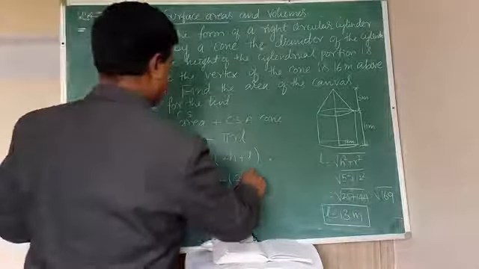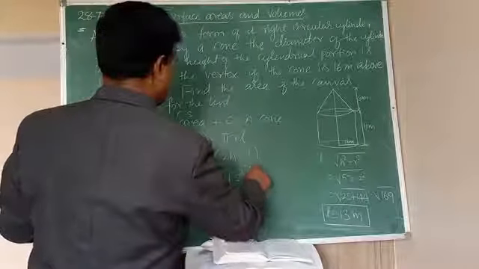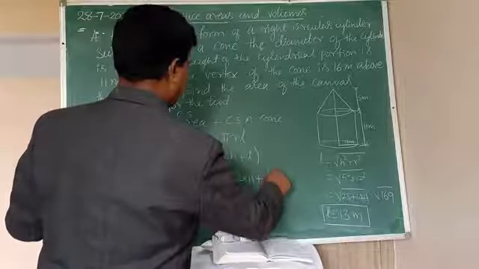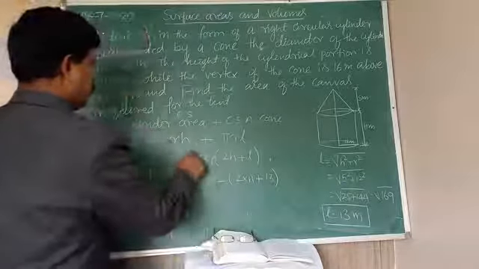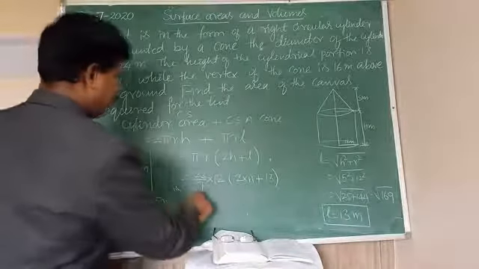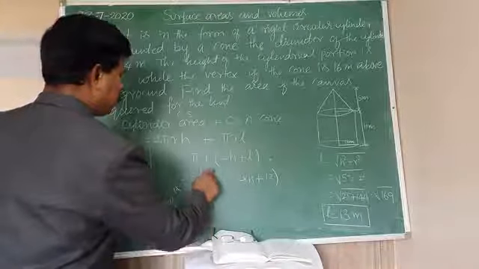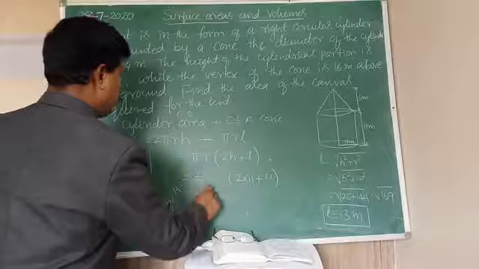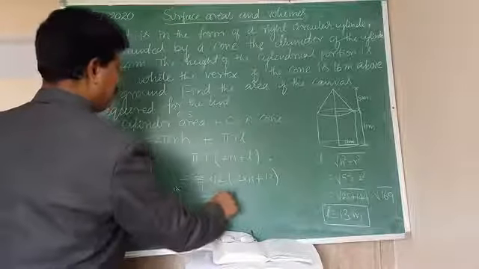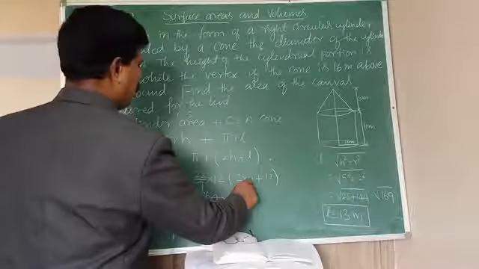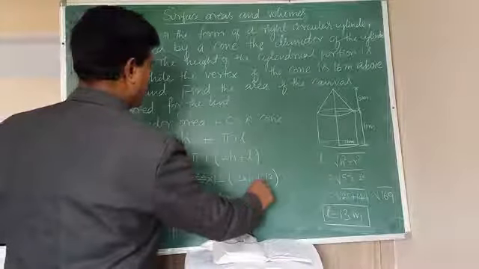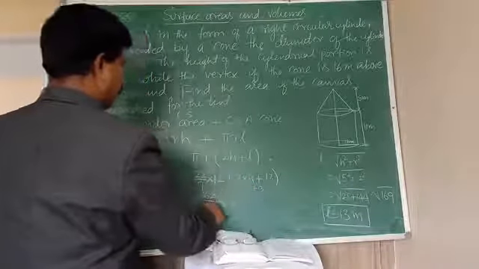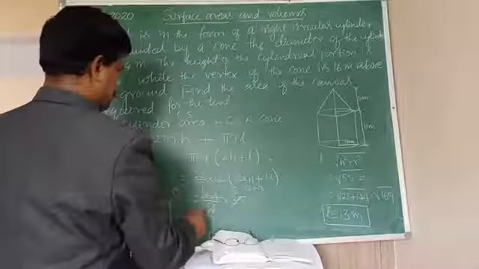Cylinder height is 11 plus slant height of the cone is 13. That is 12 2s are 24, 24 plus 2, 26 by 7, into 11 2s are 22 plus 13 is 35. 7 ones are 7, 5s are.